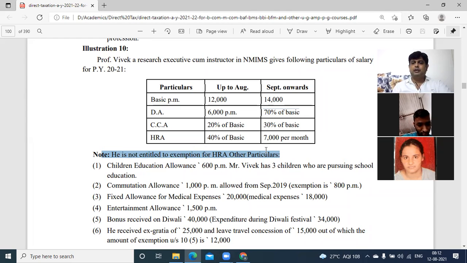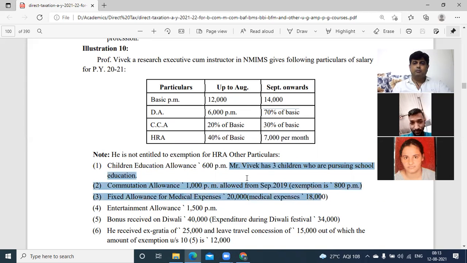In the previous question, you have seen that a certain part of HRA was exempted under section 10(13A). By now you have to remember all these important sections. Children's education allowance, 600 per month. Taxable or not? Taxable. Mr. Vivek has 3 children who are pursuing school education. So what will be the applicability of deduction under this section?